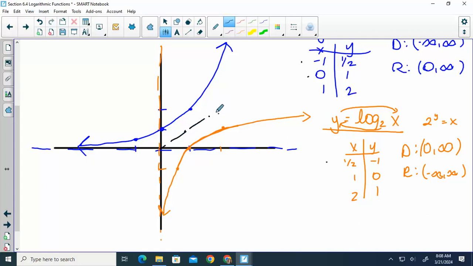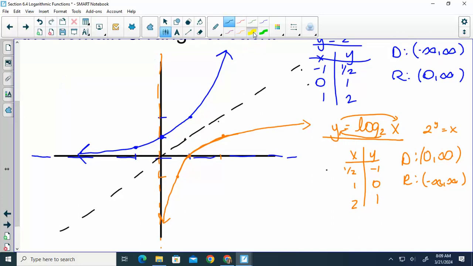They are reflections across that line, y equals x. My horizontal asymptote became the vertical. The domain of the original was the range of the inverse. Range of the original is the domain of the inverse. So the log and the exponential are inverses of one another, which means the x and y just flip roles.